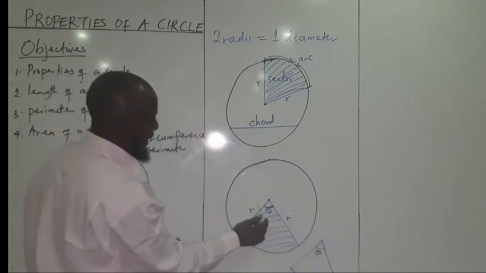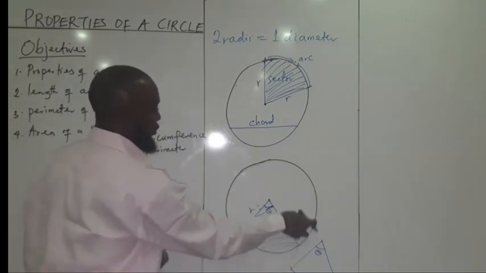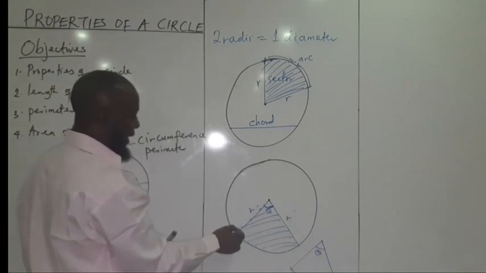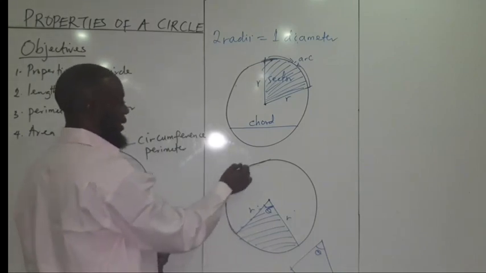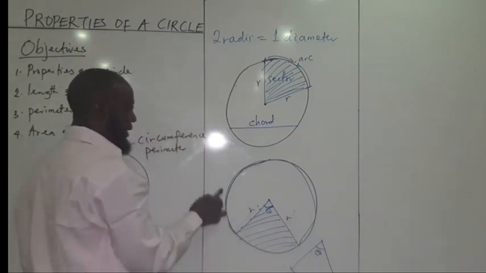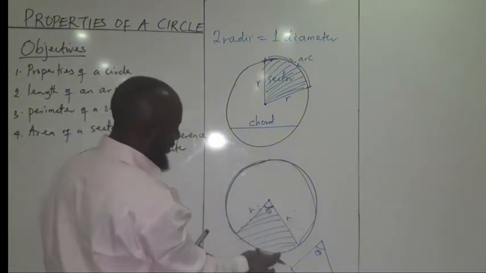So this one is small, and this one is also a sector. You understand? Because from here to this place too is an arc. This is also an arc because it is a part of the circumference. So this is another arc, but bigger than this small arc.